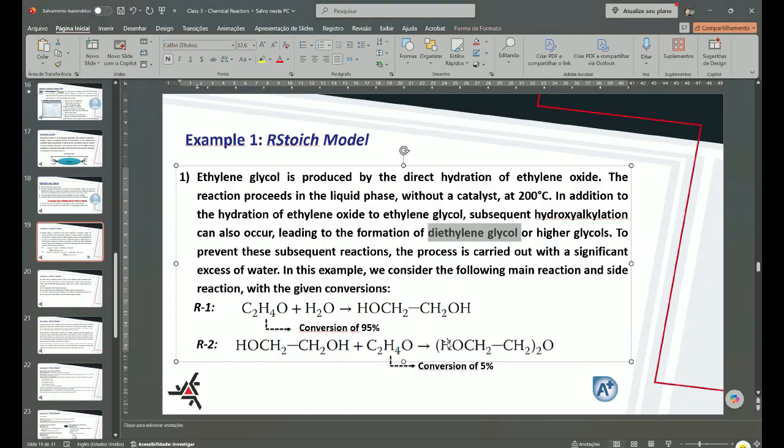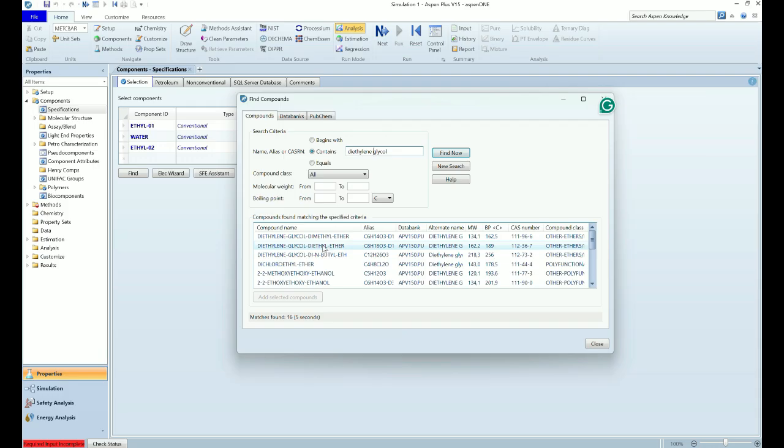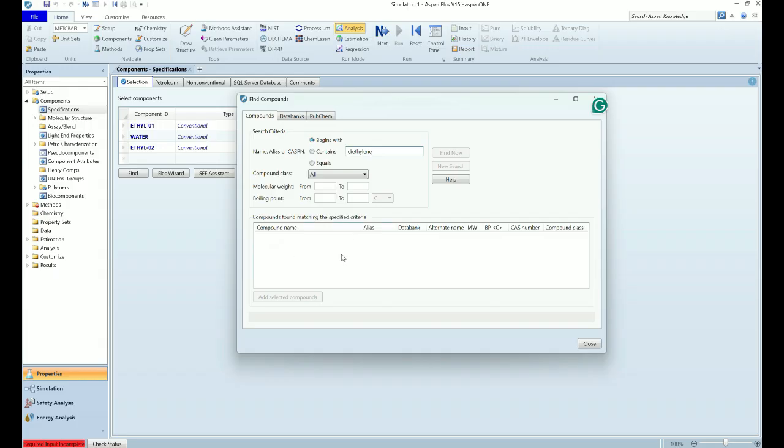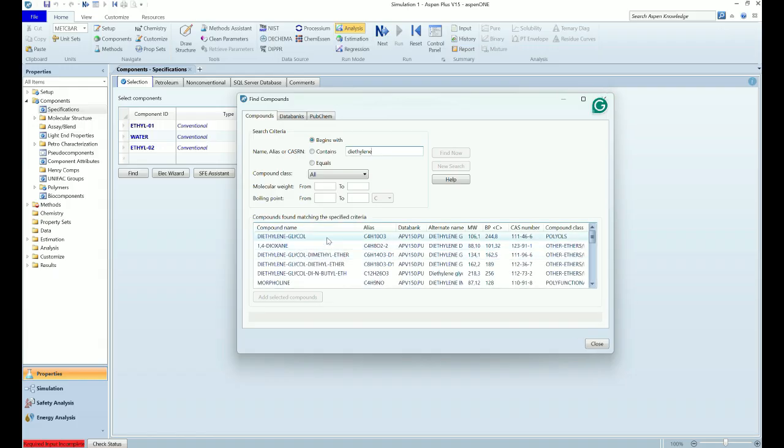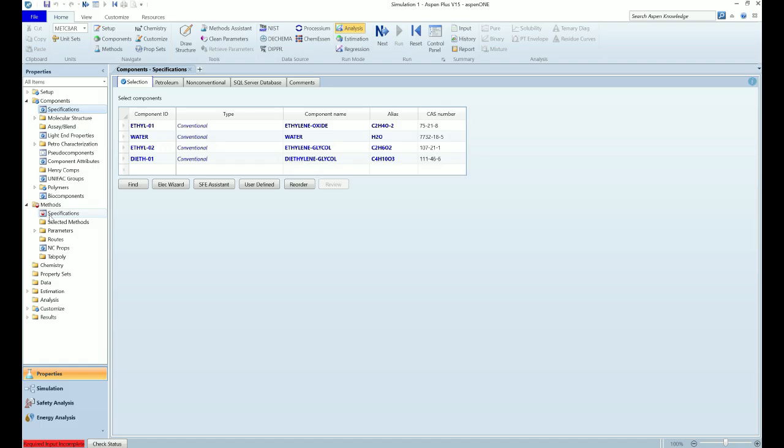Okay, we can try by the molecular formula, which is here, I think, C2. Let me try in a different way. Here, diethylene glycol, okay. So we have selected all components.